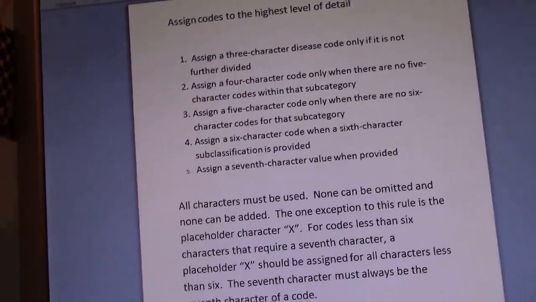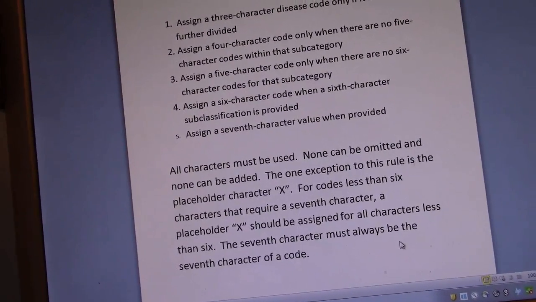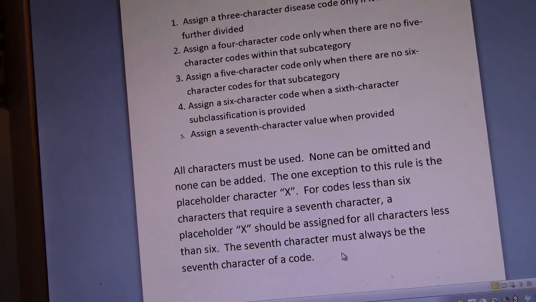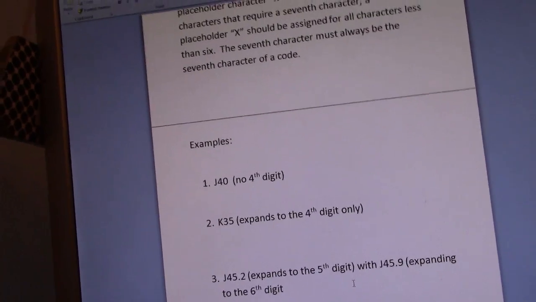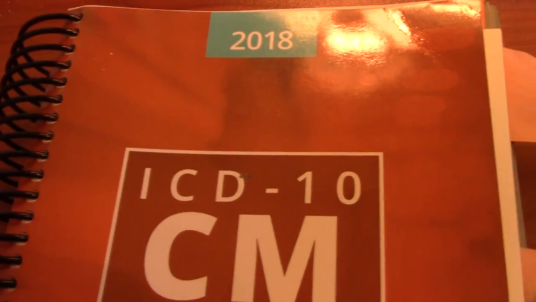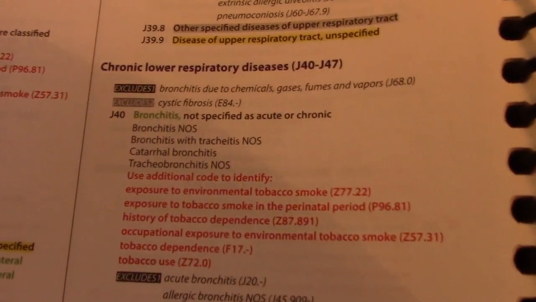So let me give you some examples of how we could do this. Pull out your code books. Let's look at code J40. So again, I'm in my ICD-10-CM, going to my tabular, and I'm going to look up J40. And notice that code, let me get some light on here.